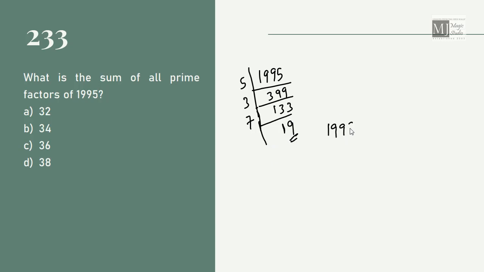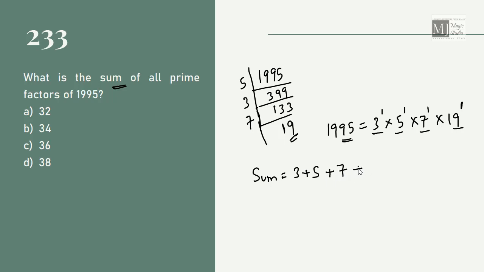That is, 1995 is 3 to the power 1 into 5 to the power 1 into 7 to the power 1 into 19 to the power 1. These are the four prime numbers which can divide 1995 without leaving any remainder. What is the sum of all prime factors? So sum is 3 plus 5, 8 plus 7, 15 plus 19 is 34. Option B fits in.